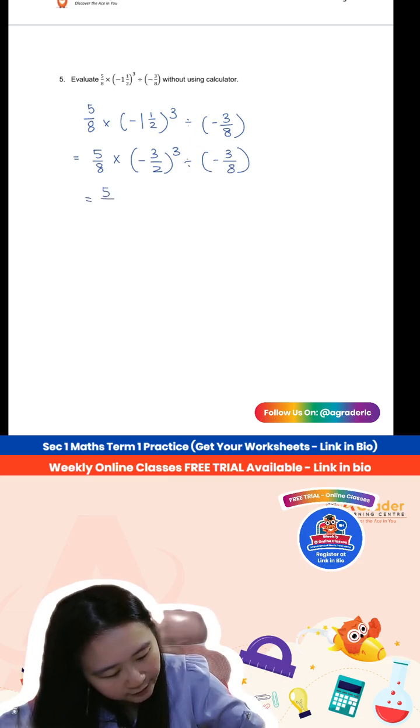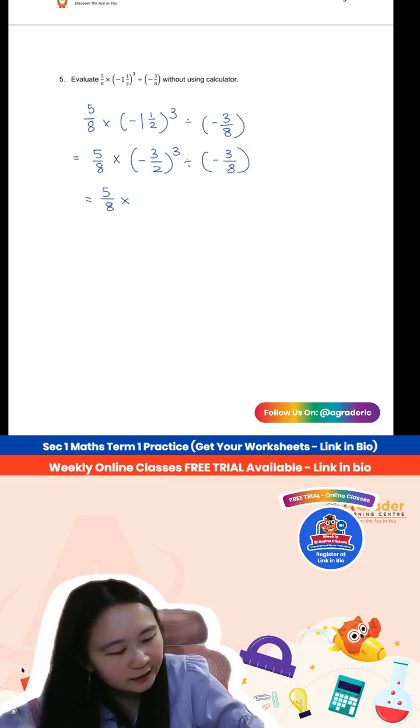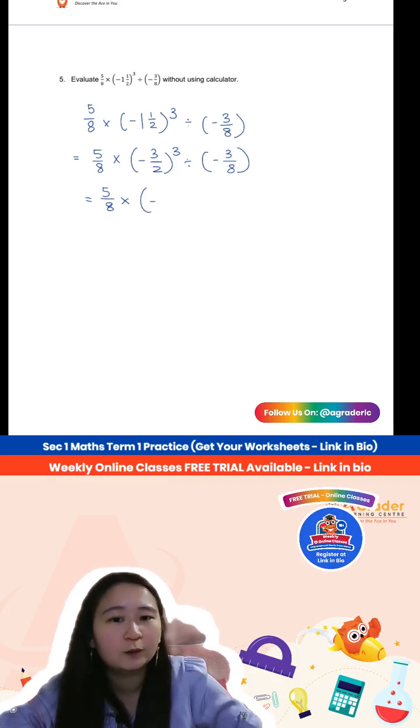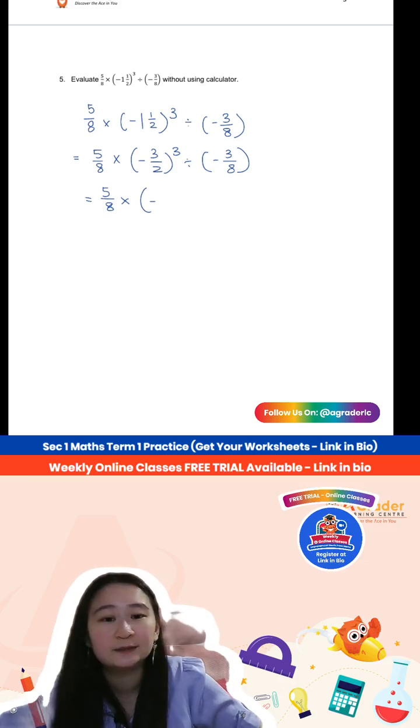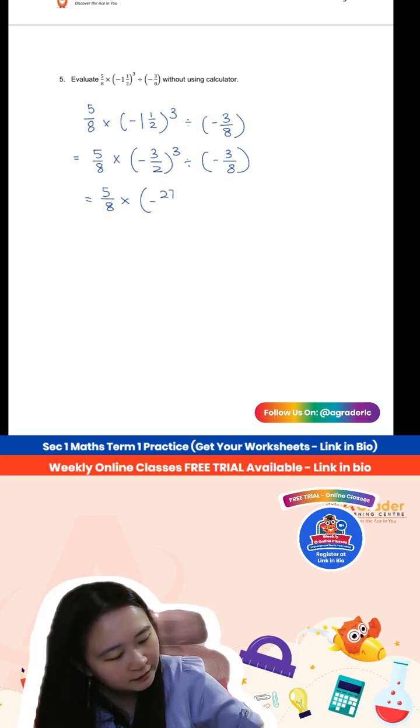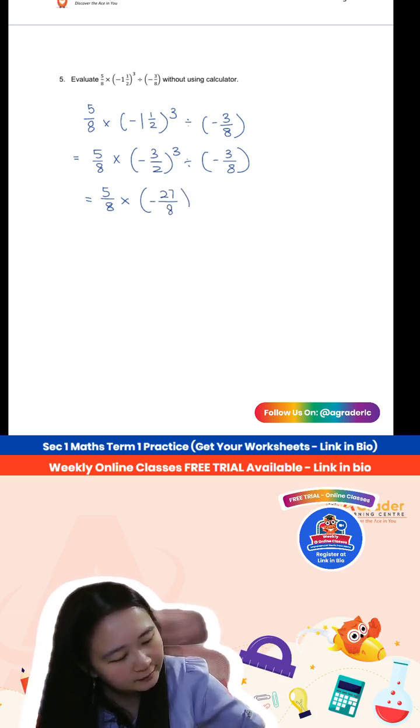So we have 5 over 8 times negative 3 over 2 cubed. If you have negative 1 times negative 1 times negative 1, it will give you negative 1, so the negative remains. Then we have 3 cubed, which is 27, and 2 cubed is 8.